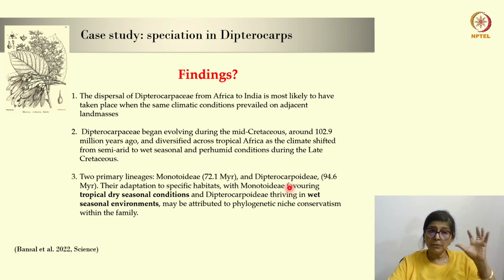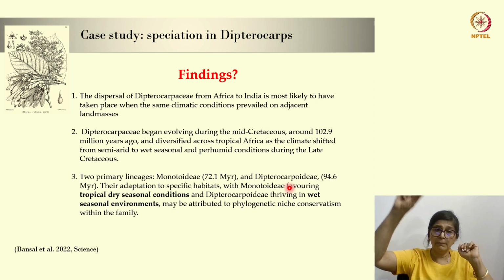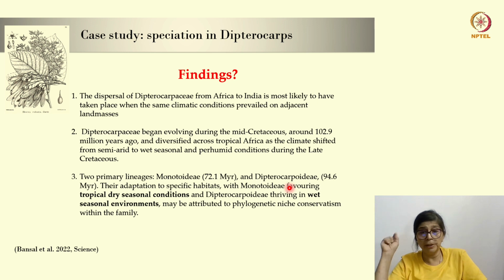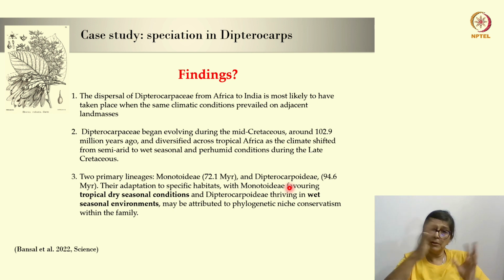One was basically from tropical dry seasonal conditions, whereas Dipterocarpoideae was more wet seasonal conditions. All those pink marked ones were mainly Dipterocarpoideae. This can be attributed to phylogenetic niche conservatism, because they chose different types of habitats, dry and wet.